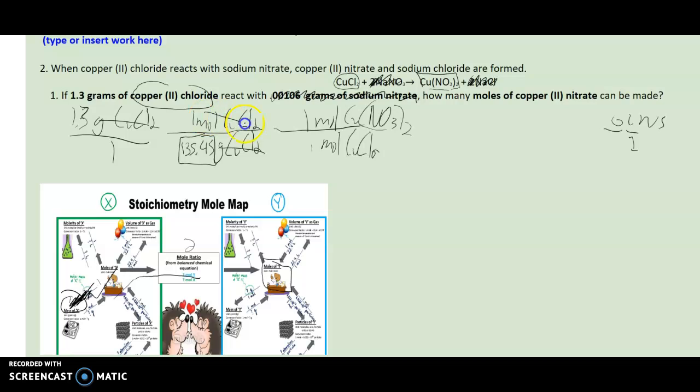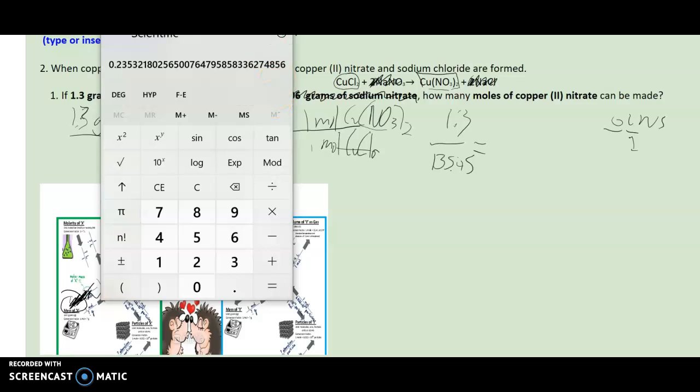1.3 times 1 is 1.3, divided by 135.45. That is going to equal a really small number. 1.3 divided by 135.0096.